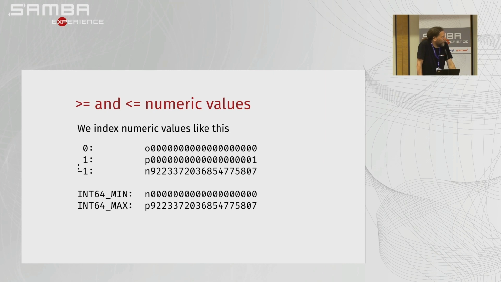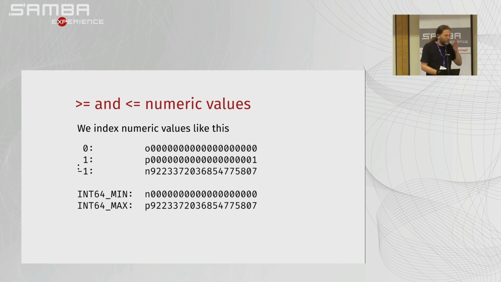But then there's the funny thing with the negative numbers. To make them sort properly, we kind of add the minimum value so that they sort like the lowest negative number is 0 and the highest negative number, -1, is a big number.